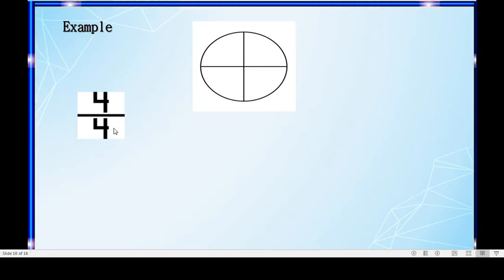So 4 over 4 is an example of an improper fraction.